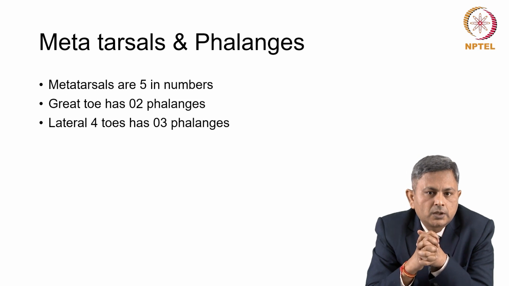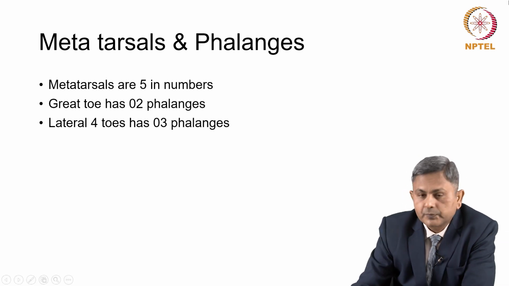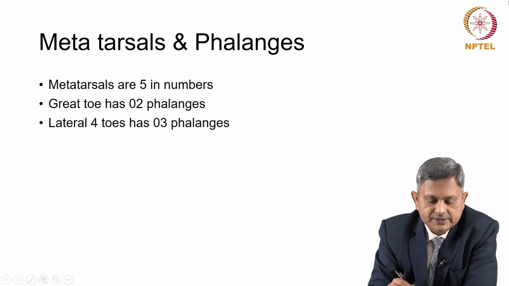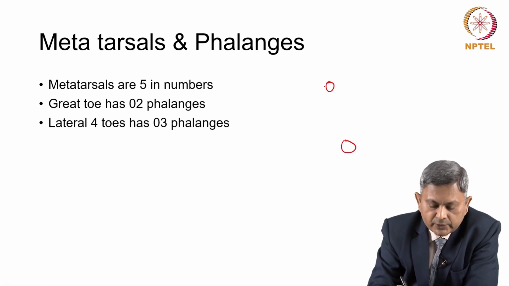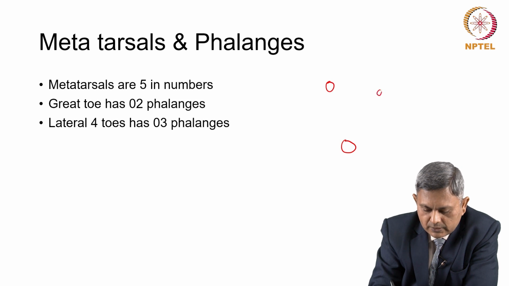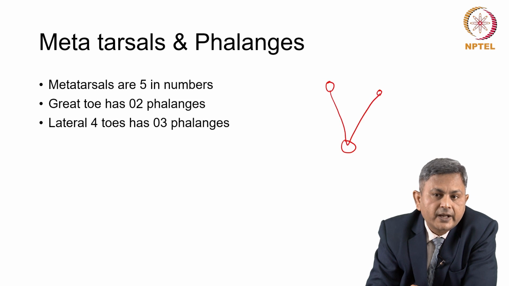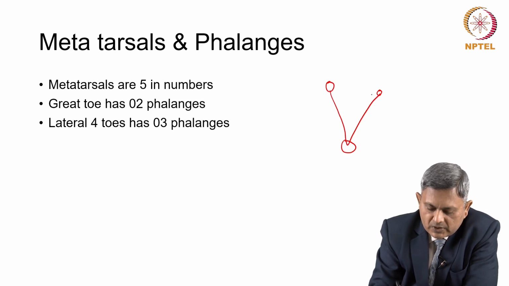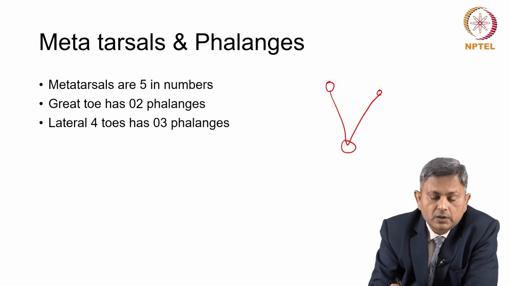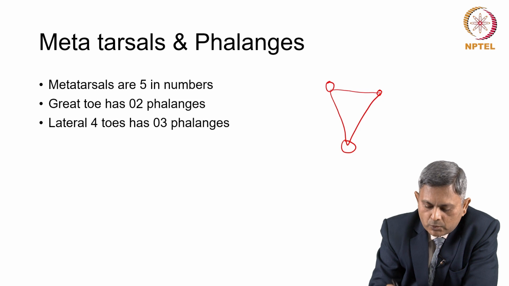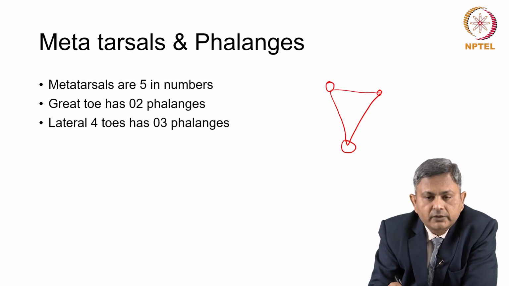Weight bearing occurs on a 3-point system: heel, great toe and little toe. These transfer our entire body weight. So the little toe has a crucial role in the weight transfer of our body.